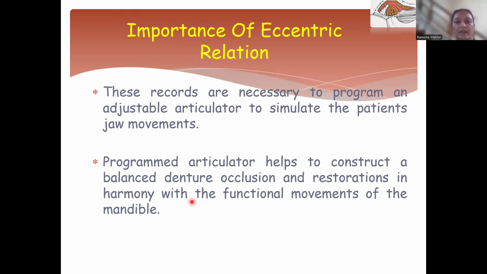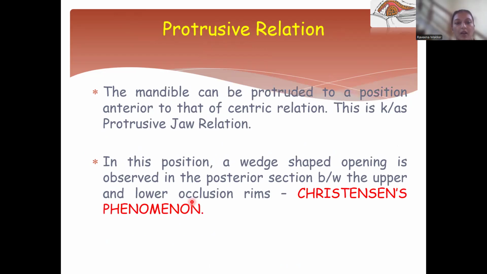These records are necessary to program an adjustable articulator to simulate the patient's jaw movements. The programmed articulator helps to construct a balanced denture occlusion and restorations in harmony with the functional movements of the mandible.